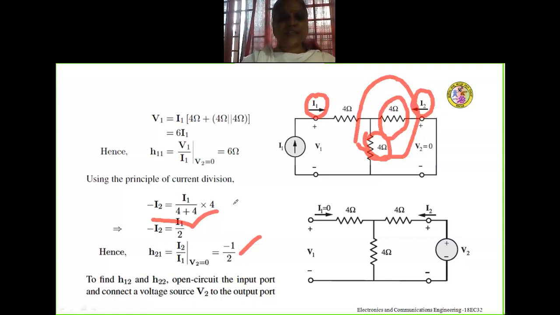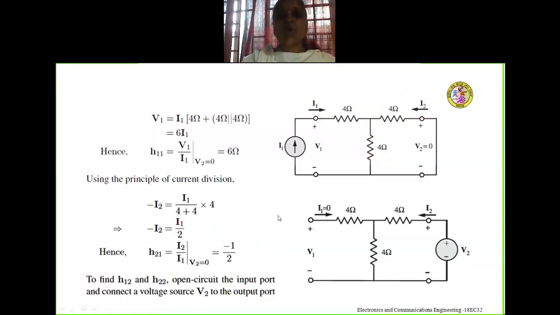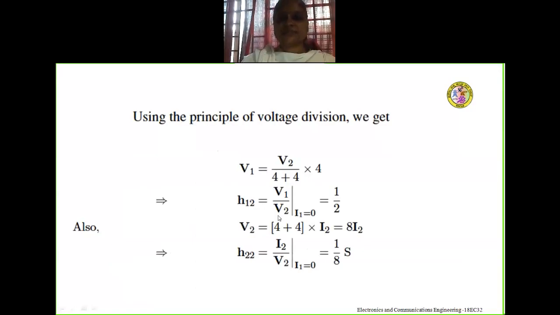So to find H12 and H22, open circuit the input port. Nothing but we should make I1 to 0.